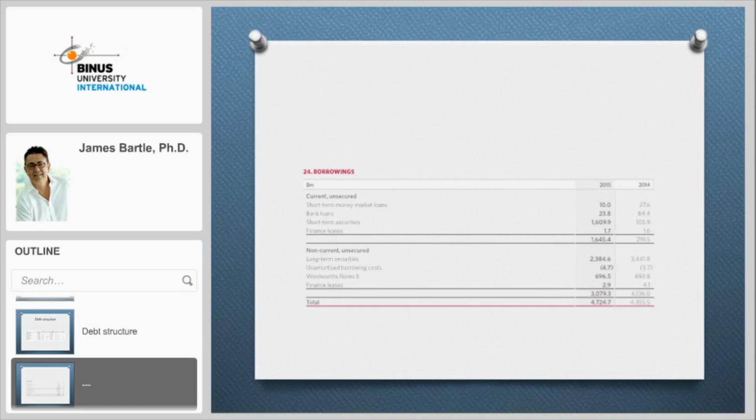Now, the interesting thing again is, when we think of that previous slide, where we saw the debt structure, that debt structure has no information about short-term debt. That debt information is all about long-term debt. So we're going to have to make assumptions about some of the debt.